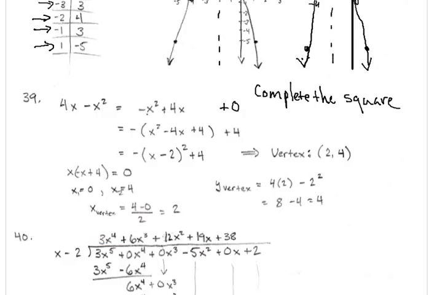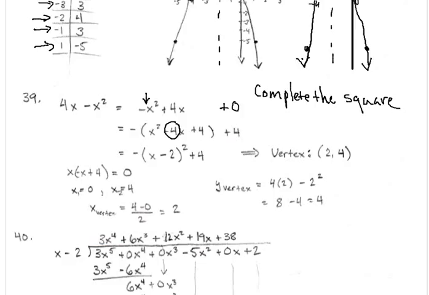You factor out whatever your a term is. In our case, it's negative 1, so I just factor out that negative. Then you have to take half of your middle term and then square it. So negative 4 divided by 2 is negative 2, and then square that, and that's positive 4.